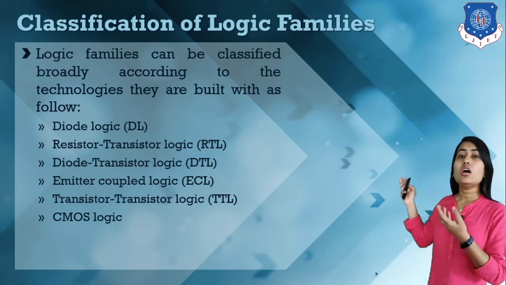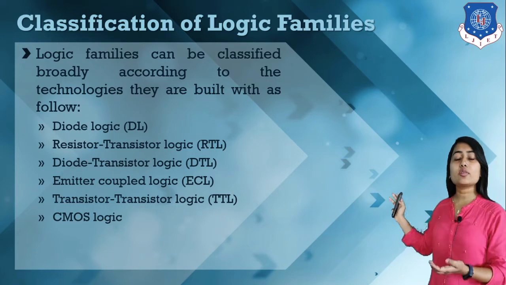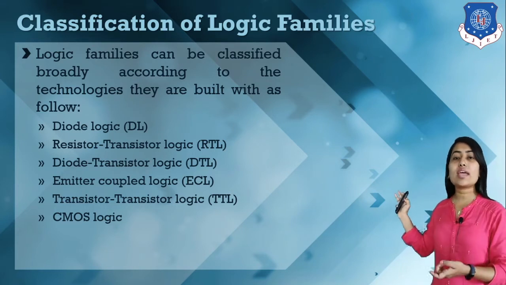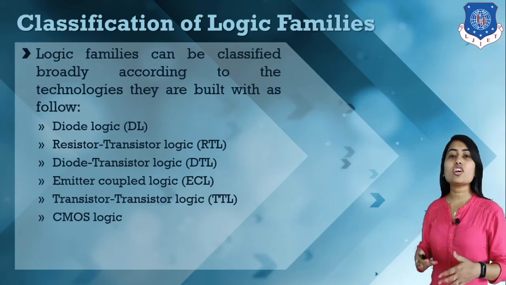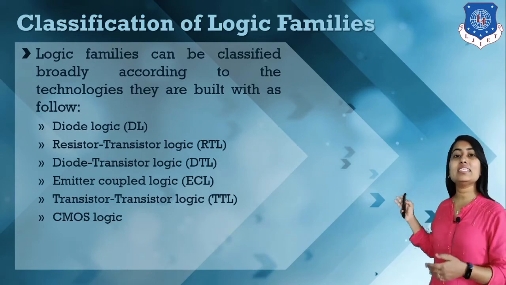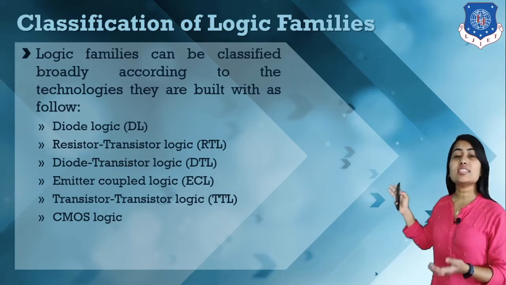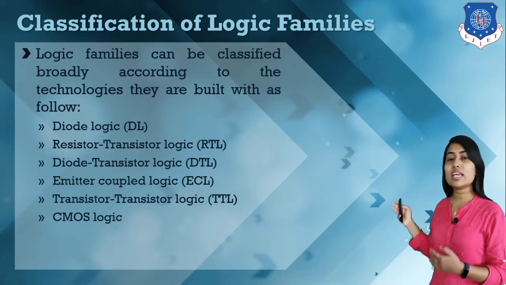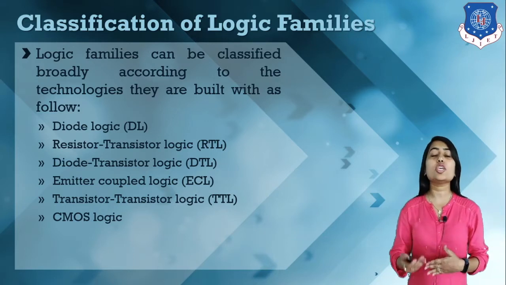We have diode logic, that is DL, where using only diodes we can make integrated circuits to perform various operations. Then we have DTL, that is diode transistor logic, then TTL, transistor-transistor logic, then ECL, that is emitter coupled logic, and then CMOS logic.